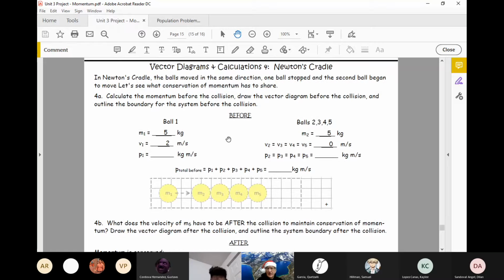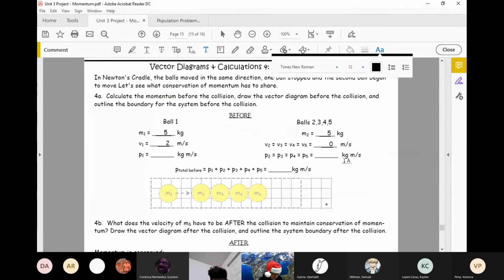Let's start with before. This is what I'd like you to do. I'd like you to do this yourself right now, and this yourself right now, and this yourself right now. Let me give you a couple of hints. First of all, I'm not sure why they did not say, as they probably should have, that M2 equals M3 equals M4 equals M5.